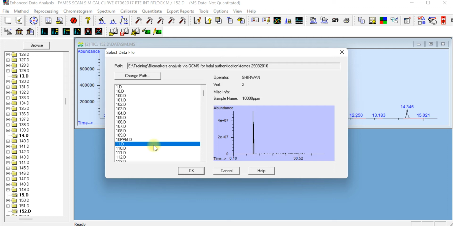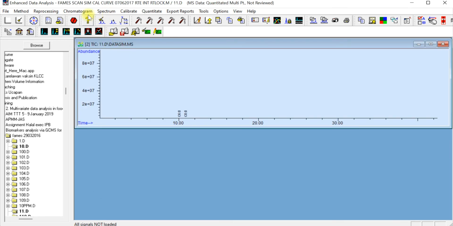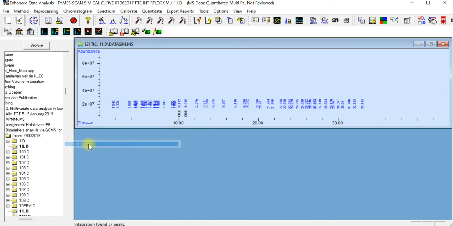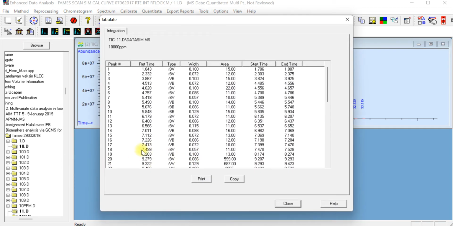We assume this is an unknown sample. So we go back to integrate, and then go back to the integration results. We can get this 10.112 with this area, but this one is similar.